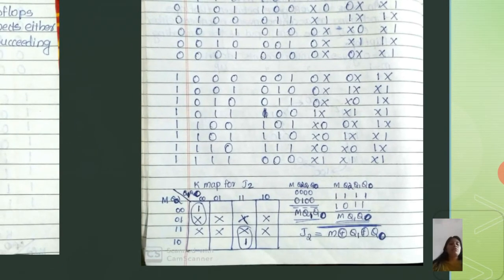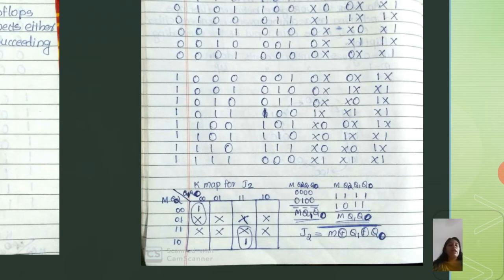This is a K-map of 4-bit value. Here you are plotting M, Q2 and Q1, Q0, the 4 combinations. By looking at the state table, you can see there are Q2, Q1, Q0 values for present as well as the next state. This is important. You should remember that you are plotting the present state in a K-map.